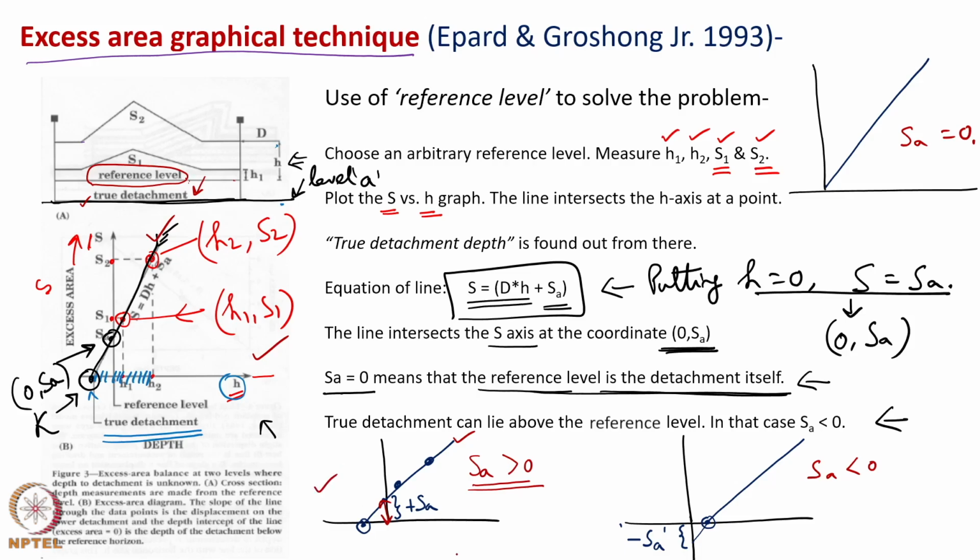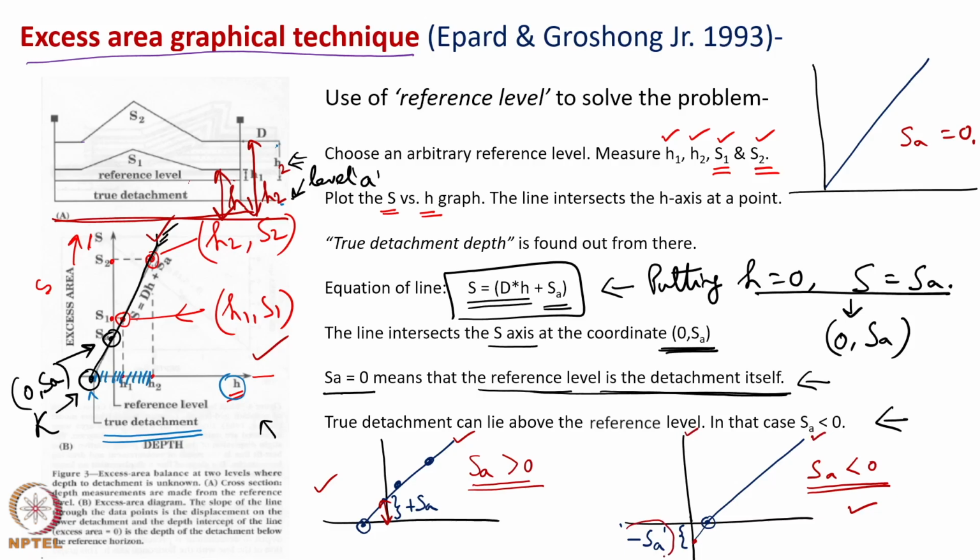What will happen if the reference level is chosen here? That means this line is drawn, and then we have defined small h1 and here small h2. In that case, this would be the diagram, and SA will be less than 0. Where is SA? This is the intersection point between the line and the s axis.